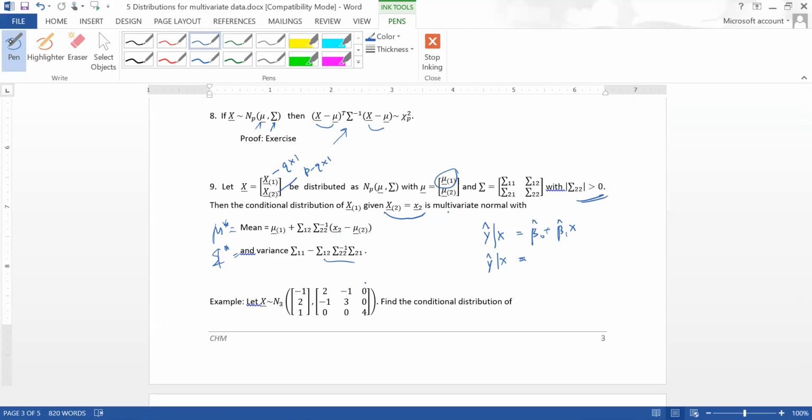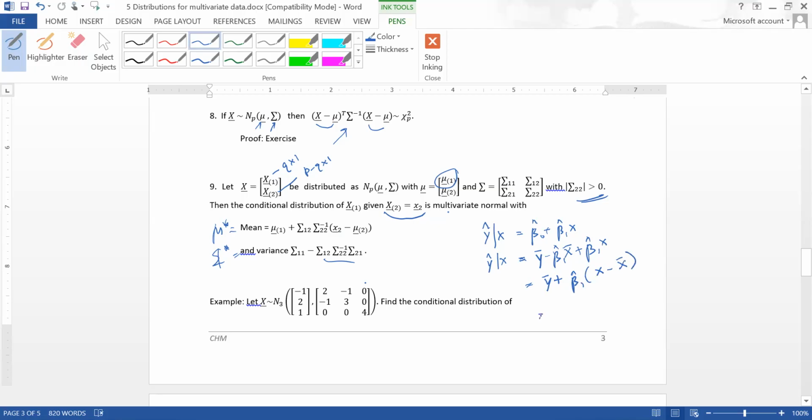Yes, Tarushi. Beta naught hat equals y bar minus beta 1 hat x bar. So plus beta 1 hat x. If you take y bar minus, not minus, we'll take plus beta 1 hat x minus x bar.